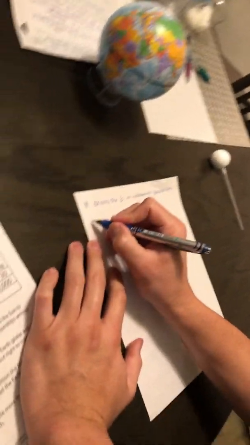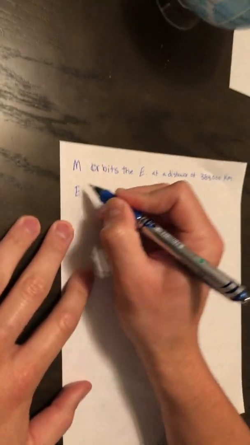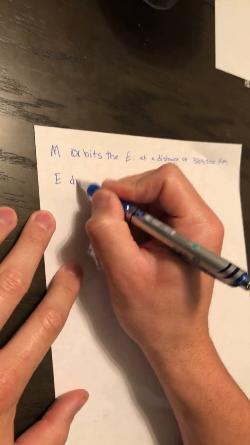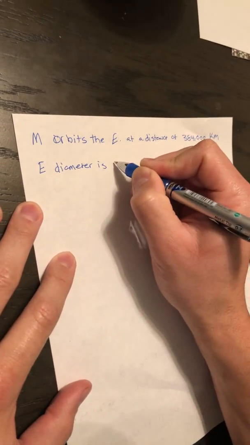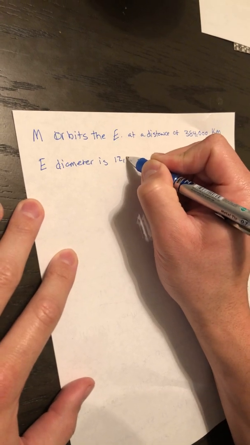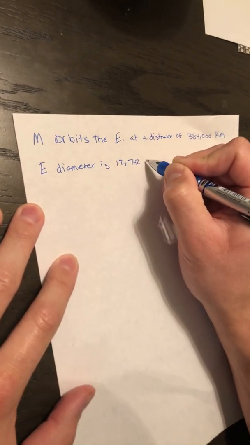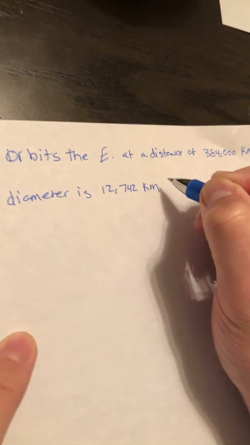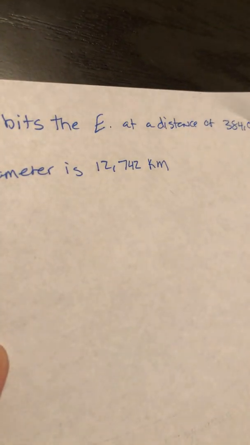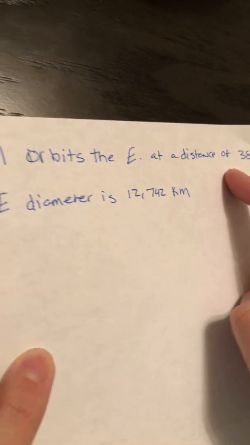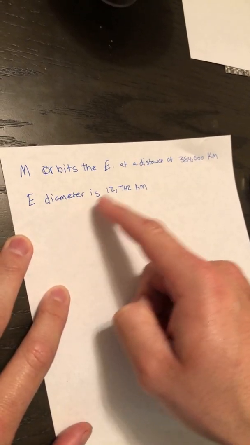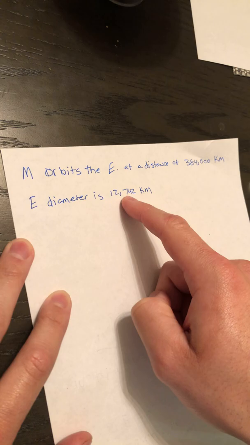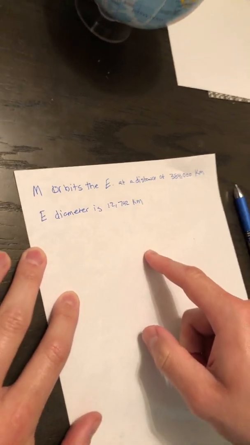The Earth diameter is 12,742 kilometers. Now we know that the moon orbits the Earth at a distance of 384,000 kilometers and the Earth's diameter is 12,742 kilometers. So we have our 2 bits of information.